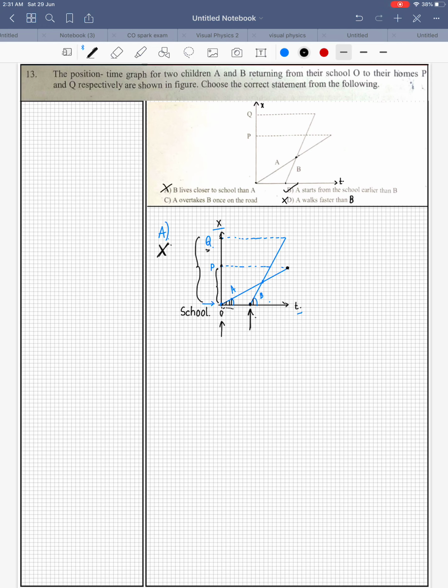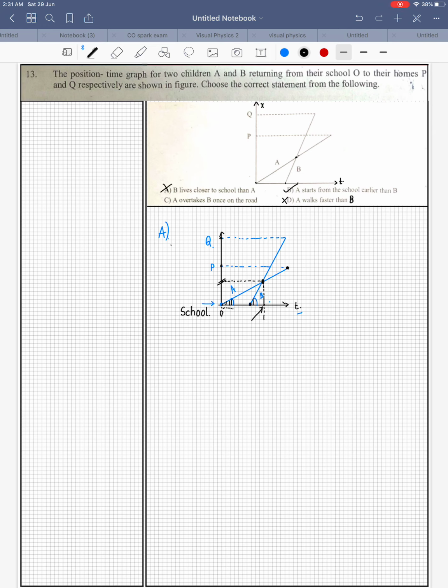Now, A overtakes B once on the road. At this particular point in time, you see both A and B have the same position. That means A and B have met there.